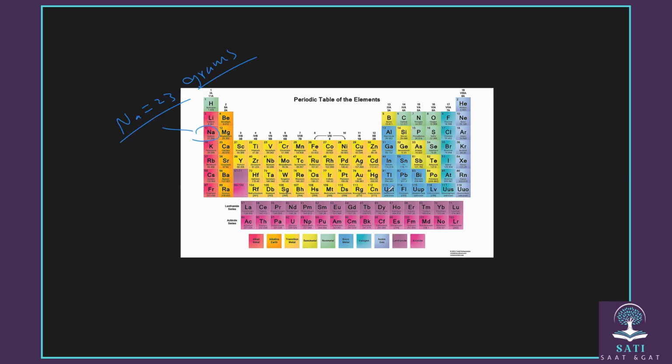What about if I have a molecule? For example, oxygen, we usually deal with oxygen like O2, and hydrogen like H2. So we don't deal with them as atoms, we deal with them as molecules.